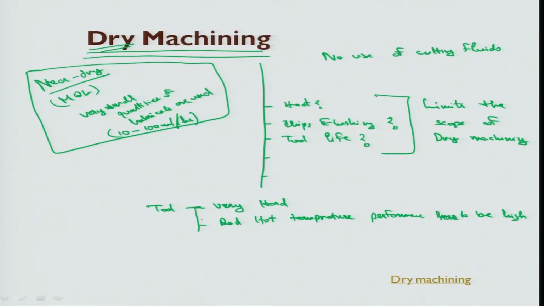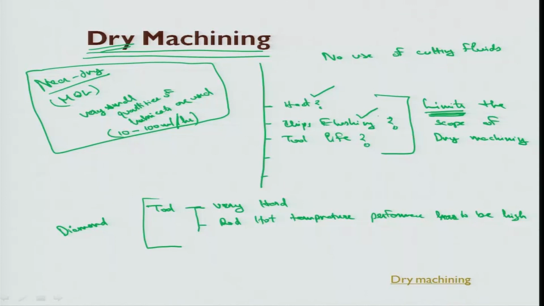So one kind of cutting material that is used here is diamond. Diamond can perform at high temperatures, but limitations are always there. The depth of cut, we cannot have as good performance as we had in flood cooling. So this can work at high temperatures.